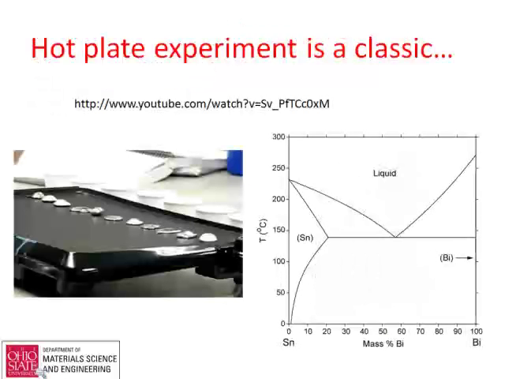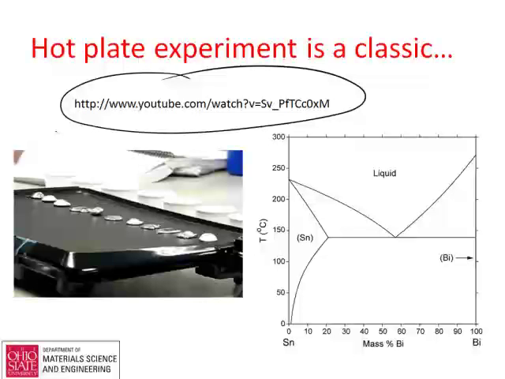A tried and true example that is out there is this hot plate experiment. This is one that's in the ASM camp, and Debbie Goodwin and Andy Neidham do this all the time. This is also up on Todd Bolenbaugh's Met Sci Teacher site. It's a nice example. What you end up doing is solidifying various compositions, including the eutectic, and putting them all on a hot plate.